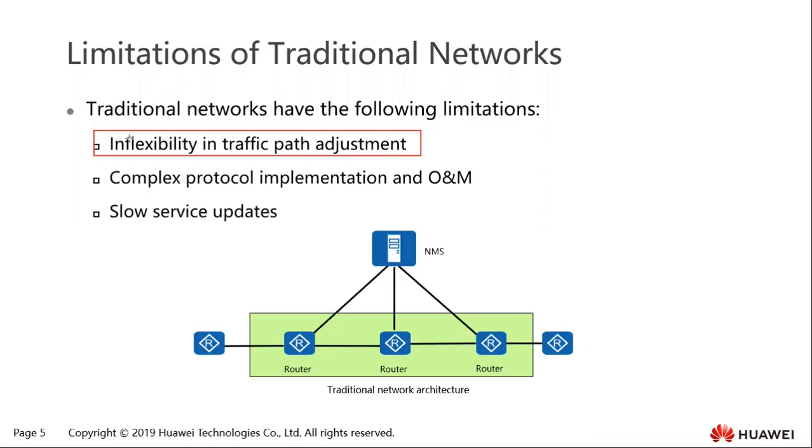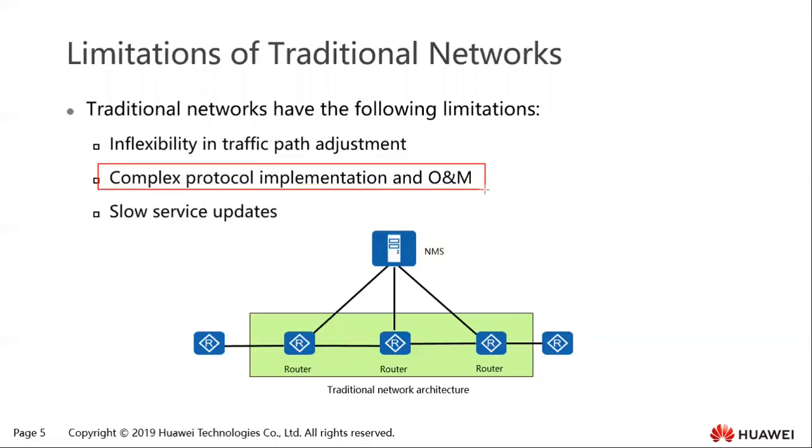So if you want to do traffic path adjustment, we actually learned about this in the previous module, and we saw that it is really complex. It is really complex to do traffic engineering on traditional networks, because you have to do it hop by hop on each router most of the time. And it can be time consuming, prone to errors, especially on larger scale networks. So those are some of the problems with traditional networks: inflexibility in traffic path adjustment.